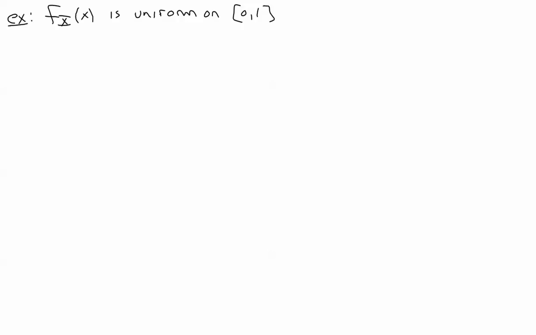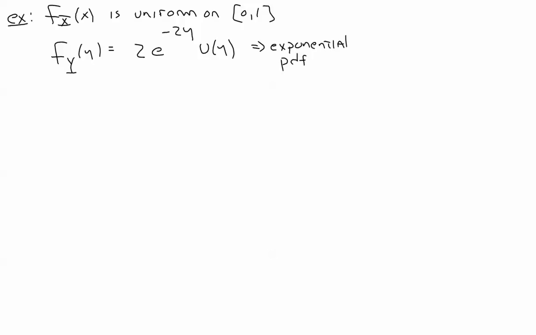And in this particular case, excuse me, I got a frog in my throat. I'm going to assume that my probability density function for y is 2e to the minus 2y u of y. This is clearly an exponential PDF, and we sketched it.